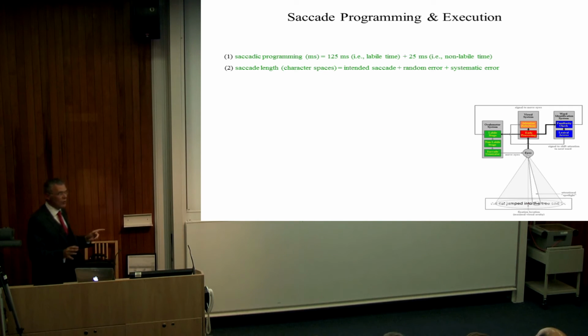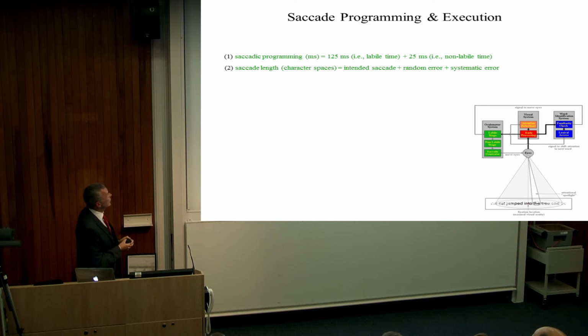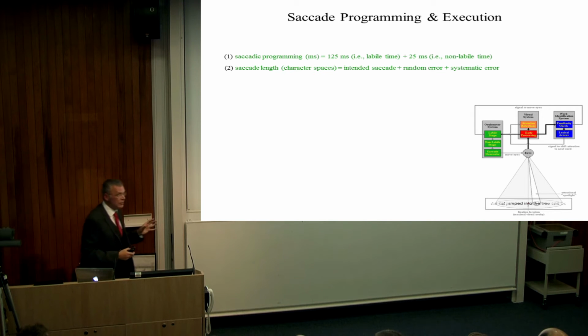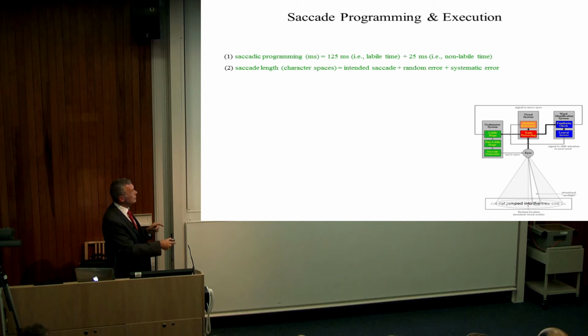A few more equations, and then I'm going to show you some of the simulation results. This is the assumption about how the saccade length that's actually executed is determined as the eyes move from one location to the next. We know from a lot of different experiments that the saccade length, measured in character spaces, is the sum of three components: the intended saccade length, some amount of random error, and some amount of systematic error.